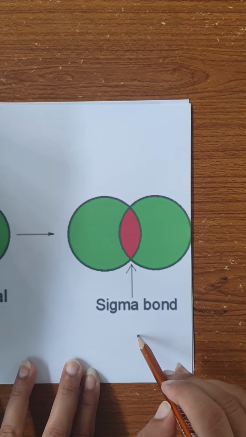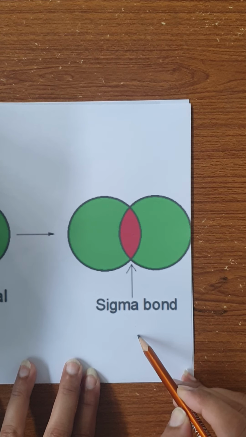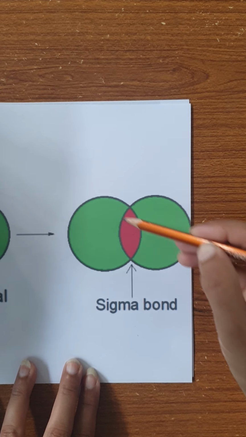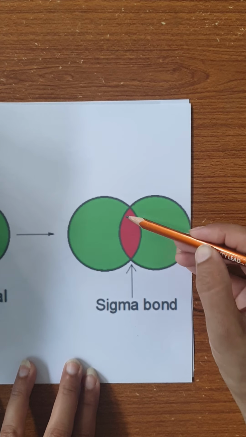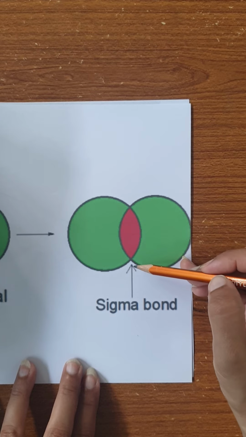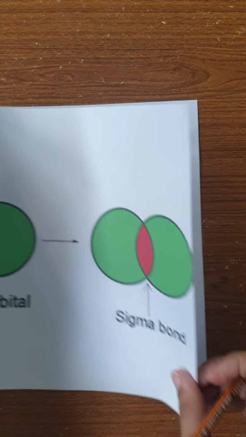One is known as the sigma bond. How is the sigma bond formed? It is formed by the overlapping of atomic orbitals end to end. One end of the atomic orbital and the second end of the atomic orbital overlap on each other. So that type of overlapping will result in the formation of sigma bonding.